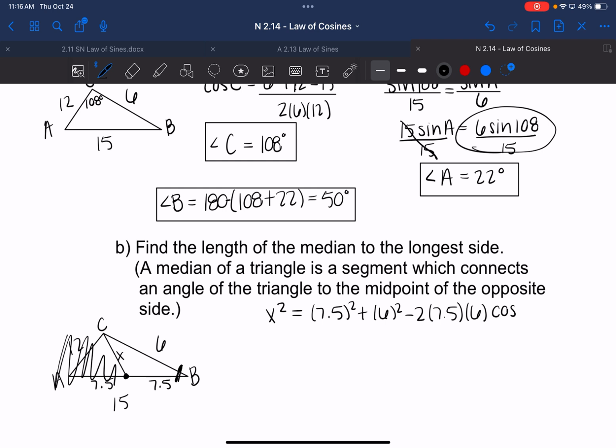How many degrees did we say that angle was in the problem above? 50. So I'd have 50 degrees. All right, and I'm looking for X, not X squared, so I need to take the square root. I'm going to put that in my calculator. What are we going to get for the length of X?